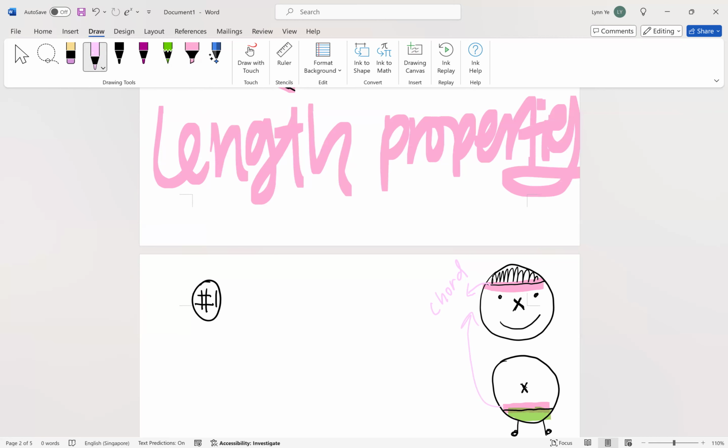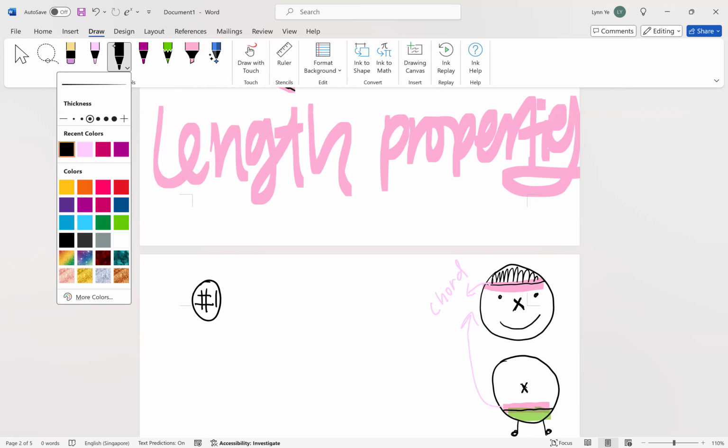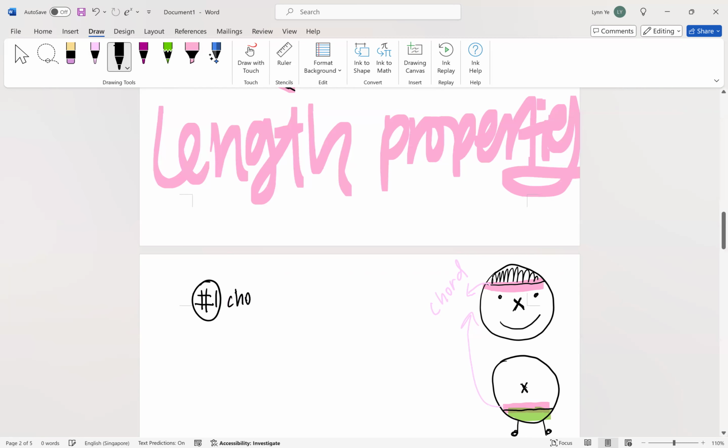Once you identify what is a chord, from there we can do length properties. This is meant to be in red.